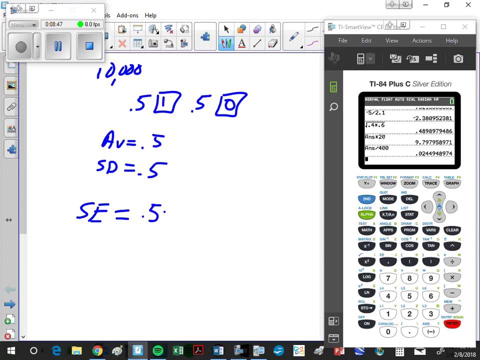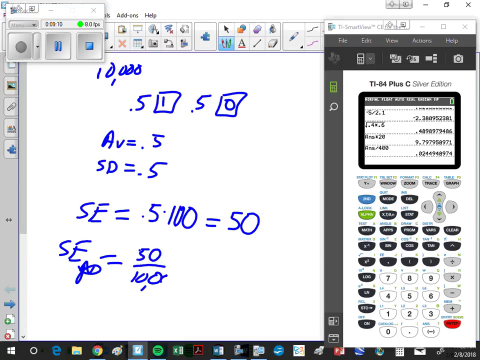So 0.5 times 100 is 50. So the SE for the number is 50. And the SE of the percentage is 50 divided by 10,000, times 100.